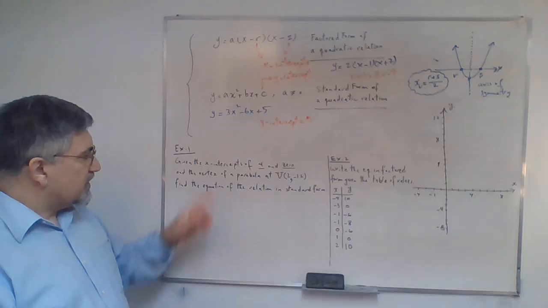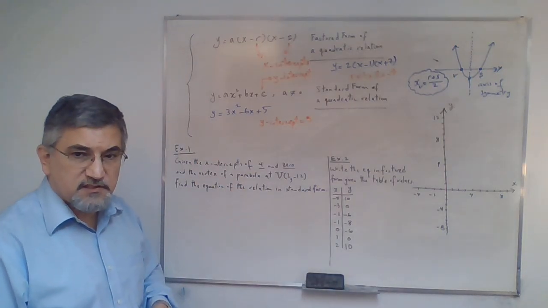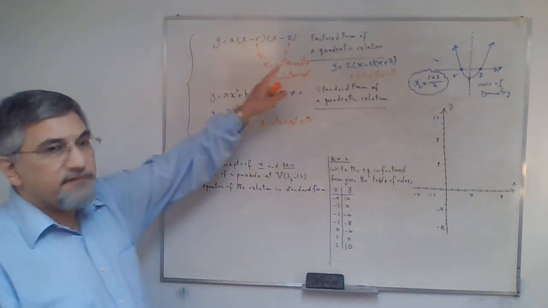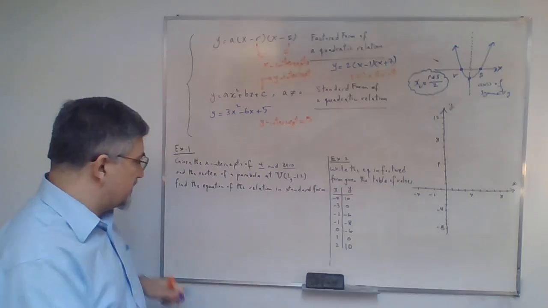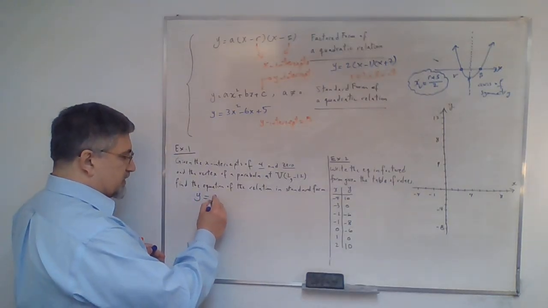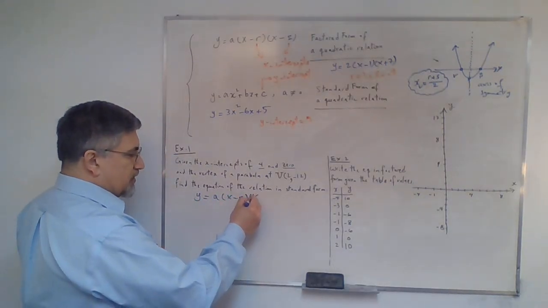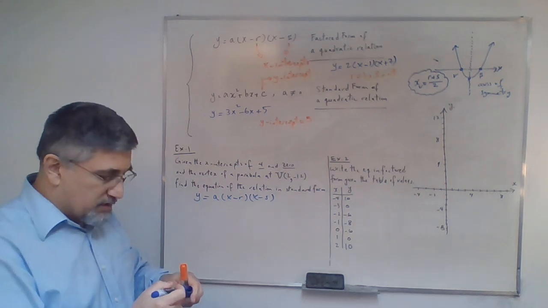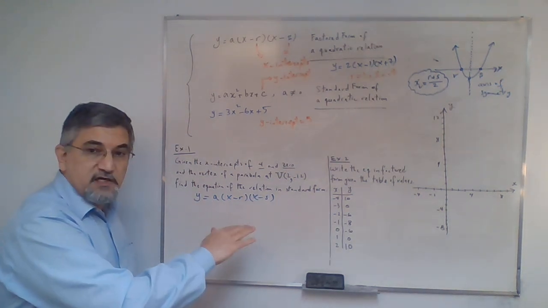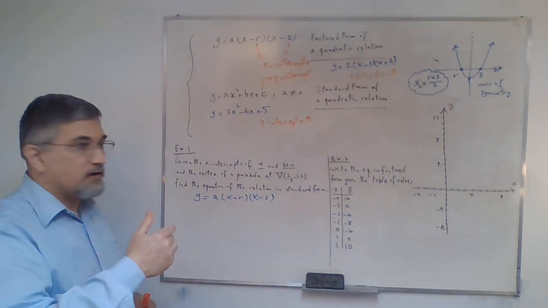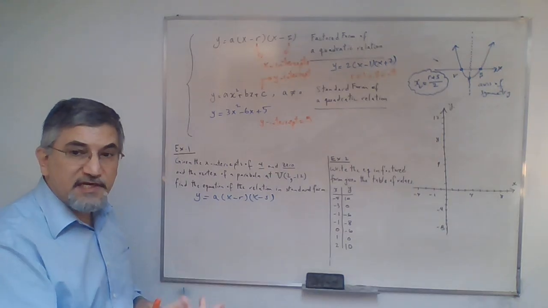So because the x-intercepts are given in this exercise, we will start from the factored form, logically speaking. So we're going to say y = a(x - r)(x - s). We're going to write the very first line, which is writing the factored form of the quadratic relation.